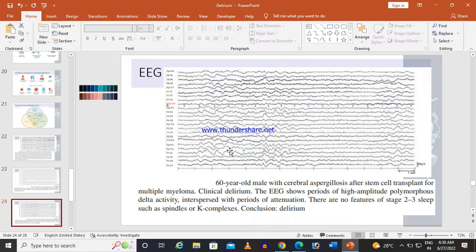This is another abnormal EEG, and this is also a case of delirium. You see these are high amplitude polymorphous delta activities. So this is also an EEG of a patient who is suffering from delirium. You can elaborate this.